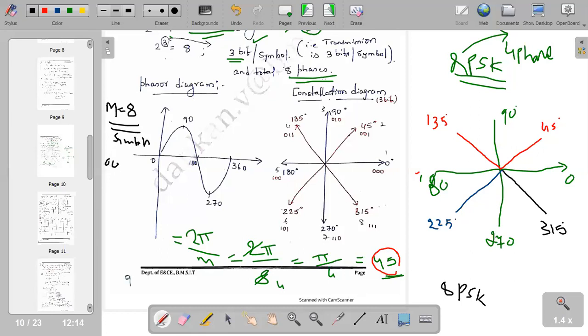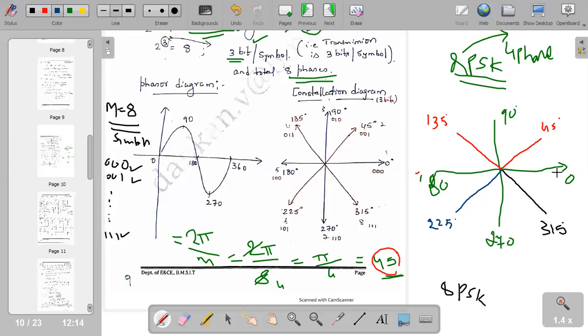So what are the 3 bits here? Starting from 000, 001, up to 111. So each symbol has a distinct bit pattern from 000 to 111. Now please observe here: how can we allocate that bit stream to your phasor angles?